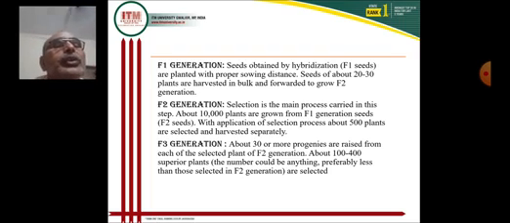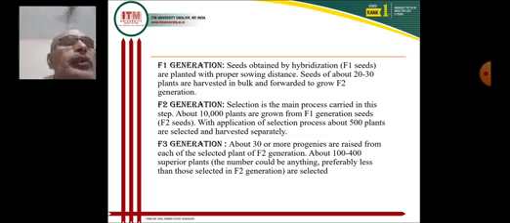In F2 generation, about 500 plants are selected and their seeds are kept separately in various envelopes. The plants are selected on the basis of desirable characters.